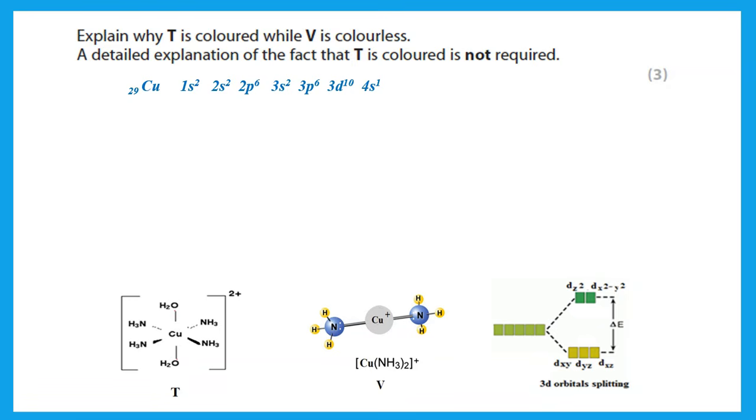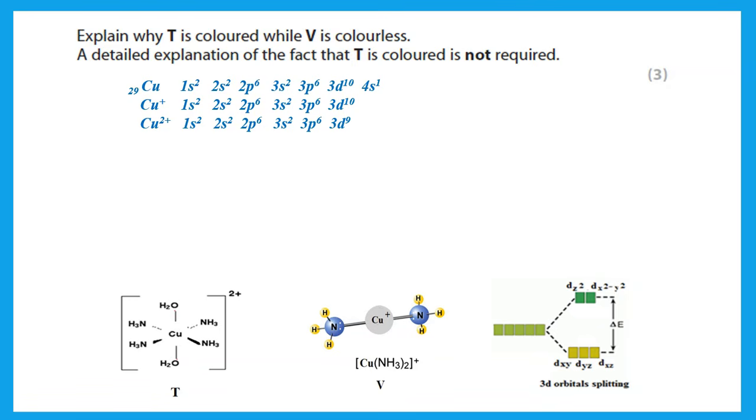So if we're talking about copper, we said copper alone is 29, 3d10 4s1. If I say copper plus 1, which is the one in V, we remove the electron from the 4s, so the 3d is complete.